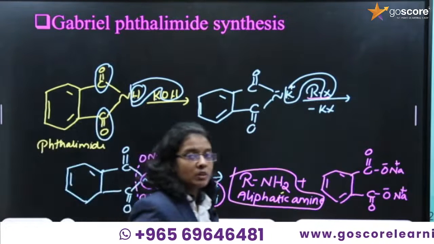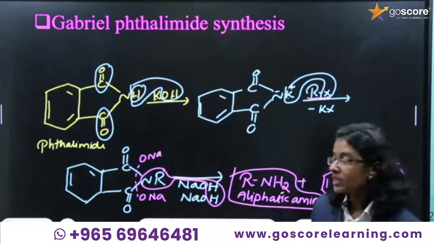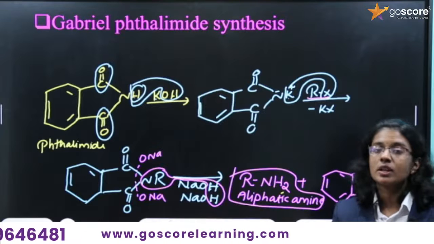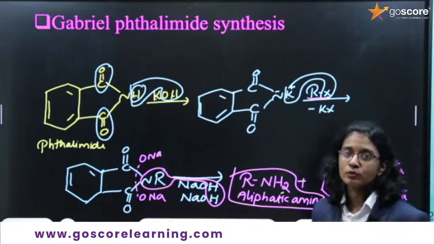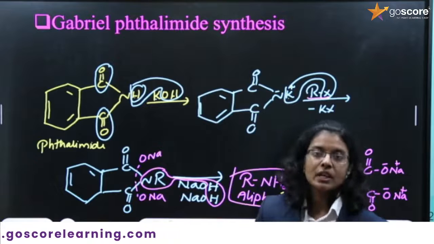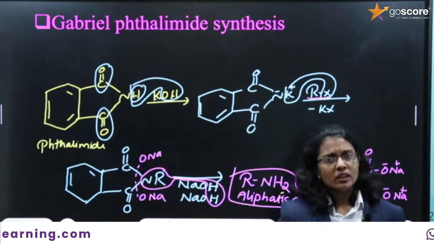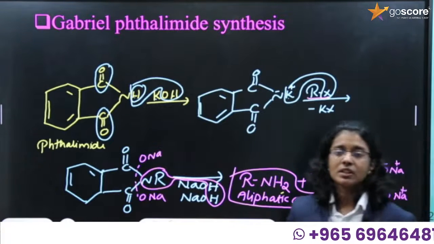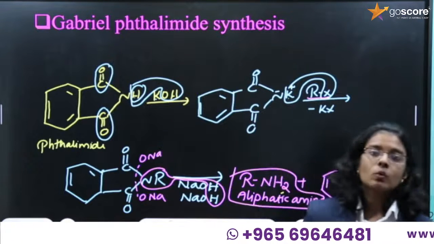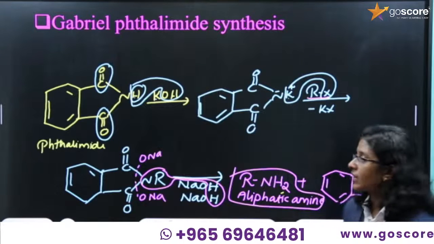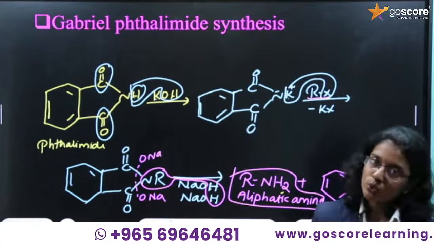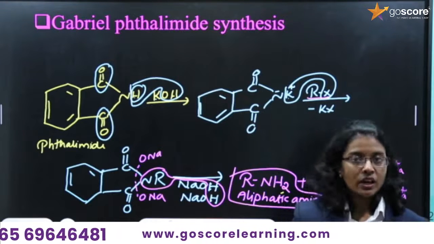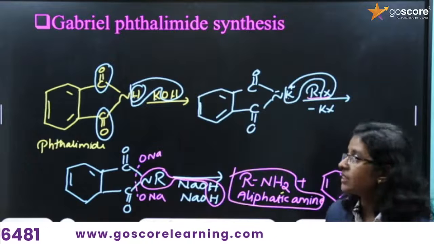Aromatic primary amine will not give this reaction. Secondary and tertiary amine will not answer for Gabriel phthalimide synthesis. It is only used for the preparation of primary aliphatic amine. Why is it not used for aromatic primary amine? That is again a reasoning type question. Because aryl halides do not undergo nucleophilic substitution with the anion formed by phthalimide. Is it clear?